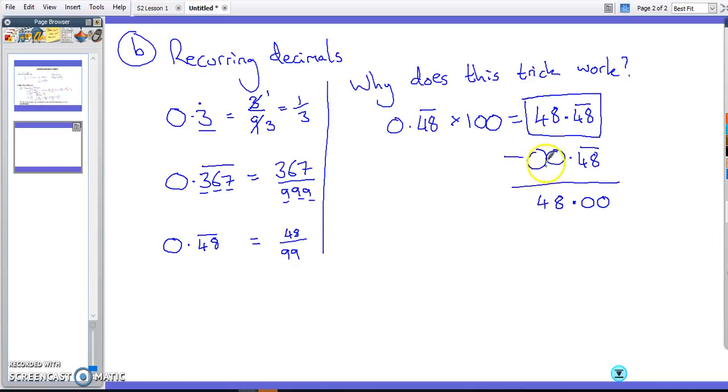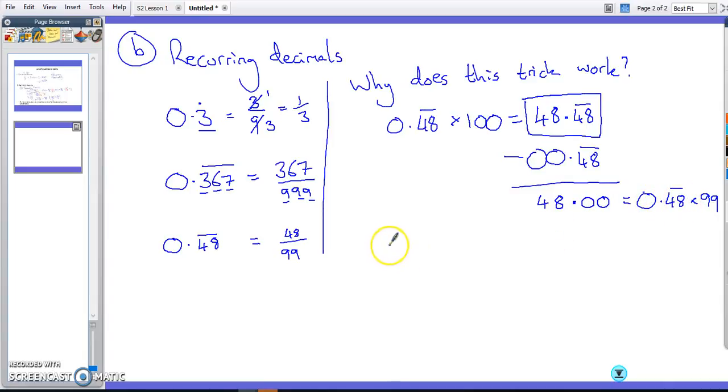Which means that this is equivalent to 0.48 recurring times 99, because I timesed it here by 100, and I took 1 off. So this is equivalent to 99 lots of 0.48 recurring.